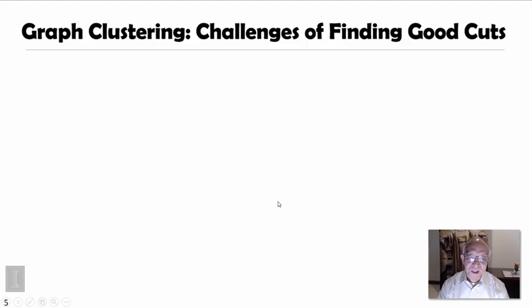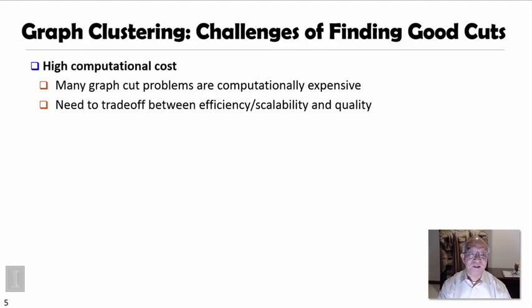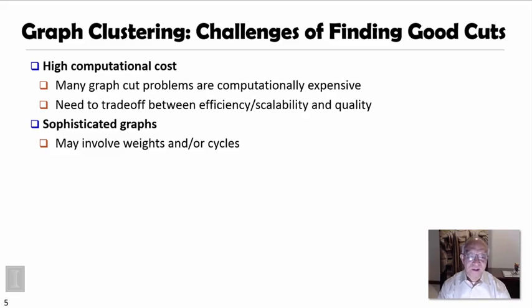Let's look at the major challenges for graph clustering. That means how to find good cuts. They are very challenging because the first thing is high computational cost. Many graph cutting algorithms or problems are computationally expensive. You need to trade off between efficiency, scalability, and the quality of clustering.